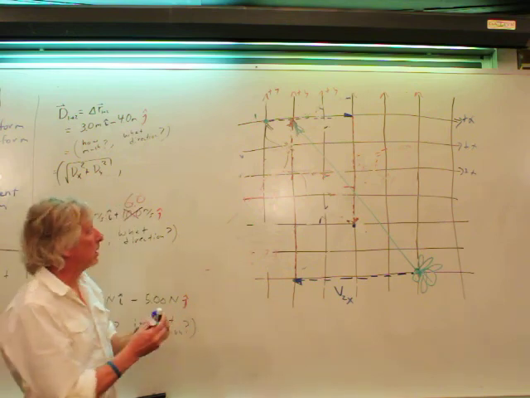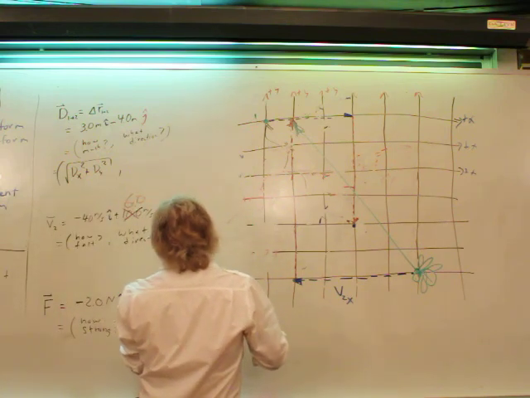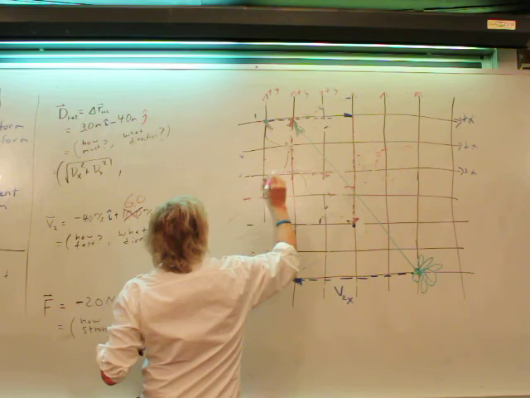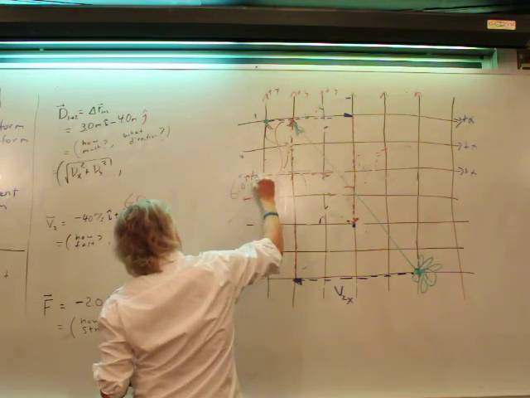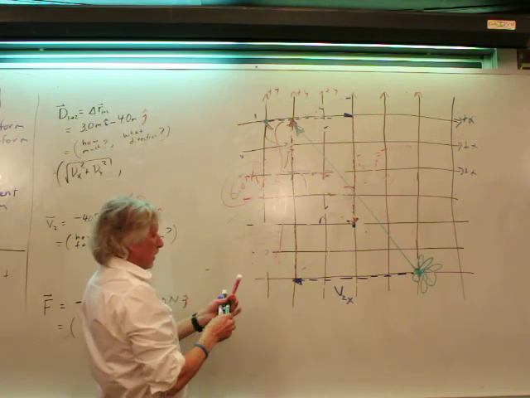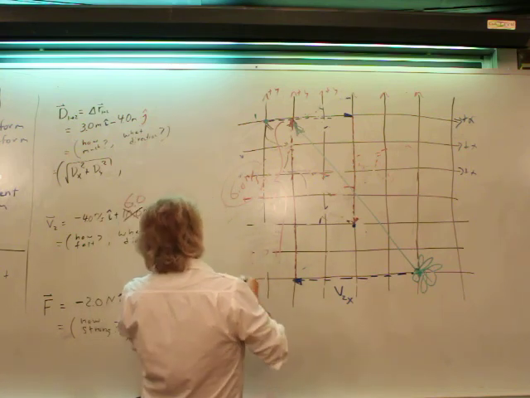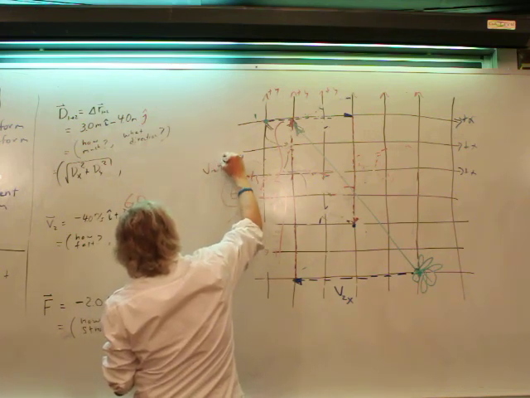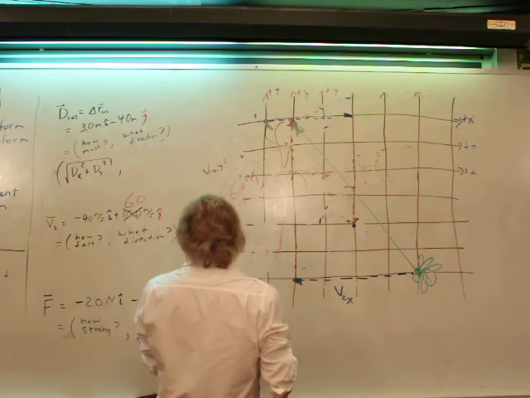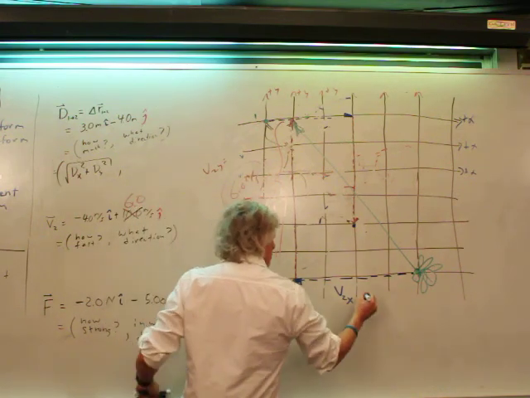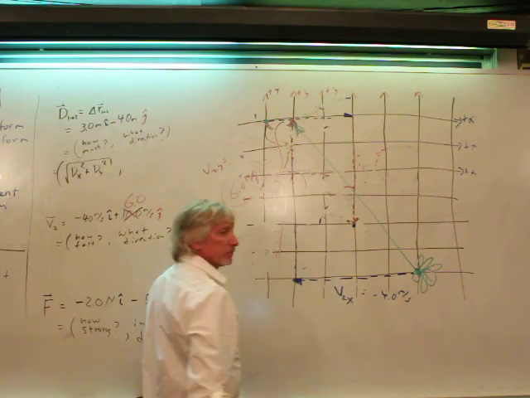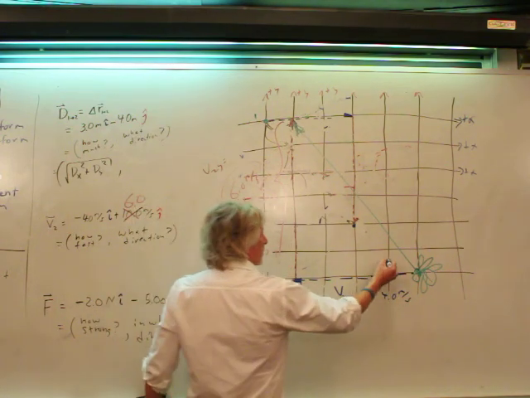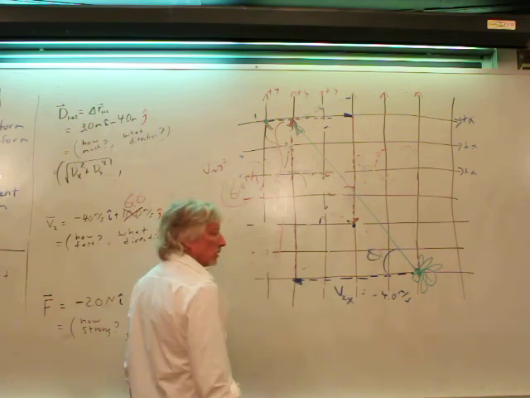What angle? Inverse tangent again. What did I say? 6.0 meters per second, and that's my V2y. And my V2x is negative 4.0 meters per second. Then this angle, call it theta.